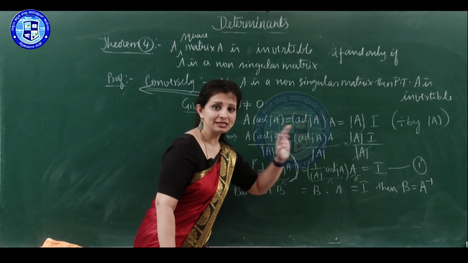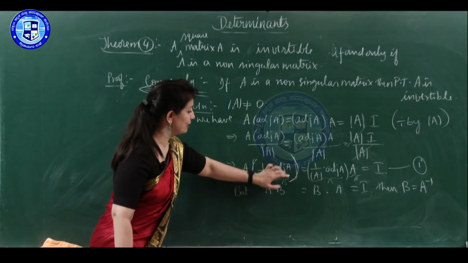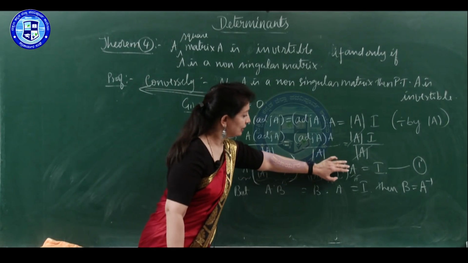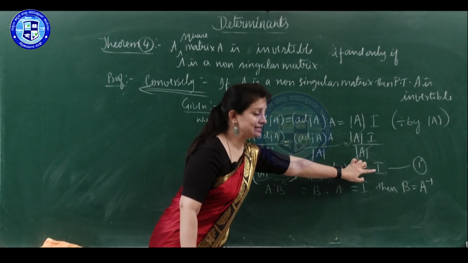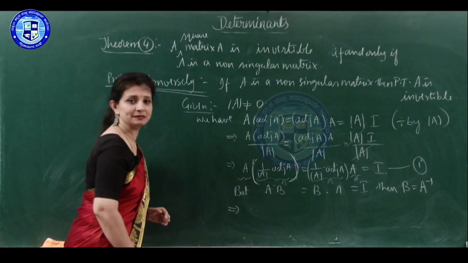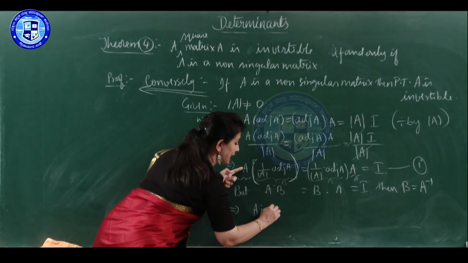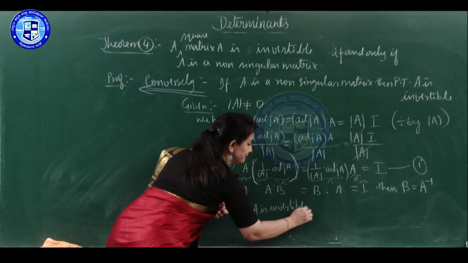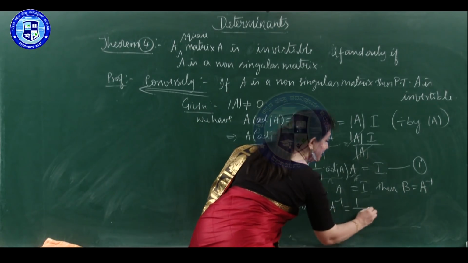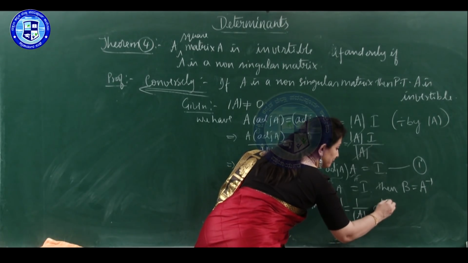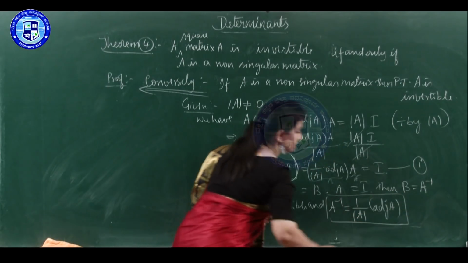So, in this way, if A into B is equal to B into A is I, means B is the inverse of A. Similarly, if we have A into the matrix B, where B is 1 by determinant A into adjoint A, that into A is equal to I, implies A is invertible and A inverse is equal to 1 by determinant A into adjoint A. Very important conclusion.